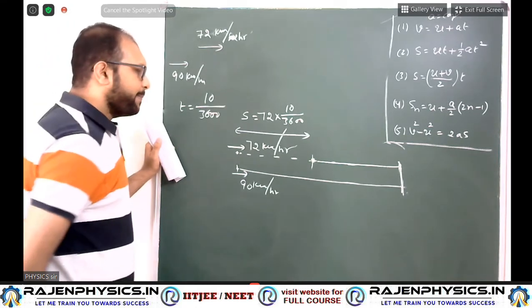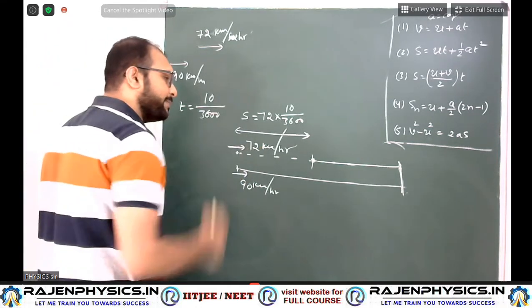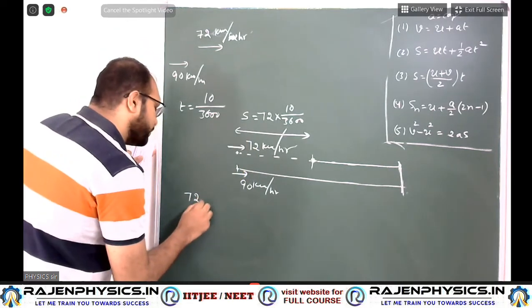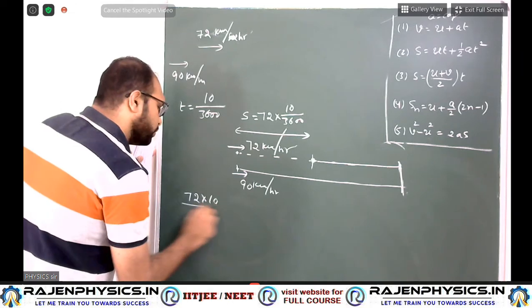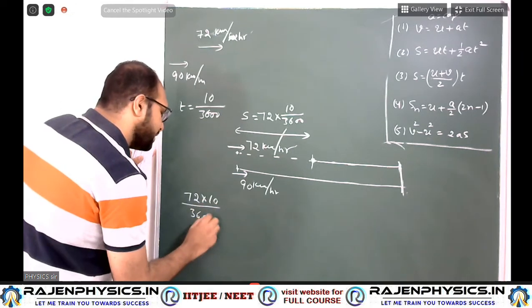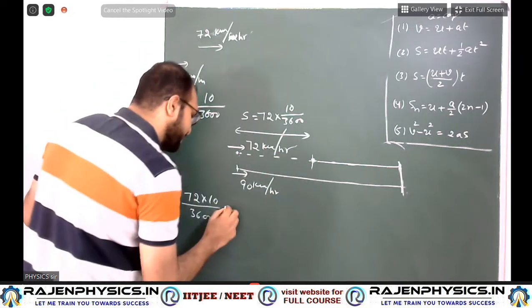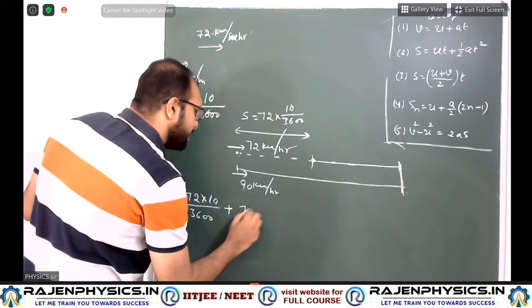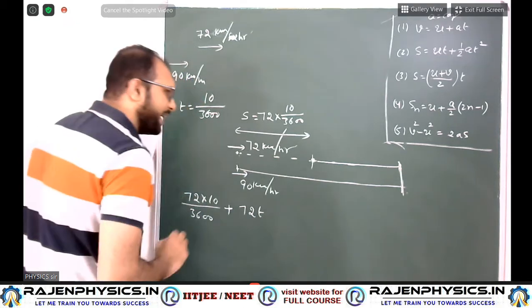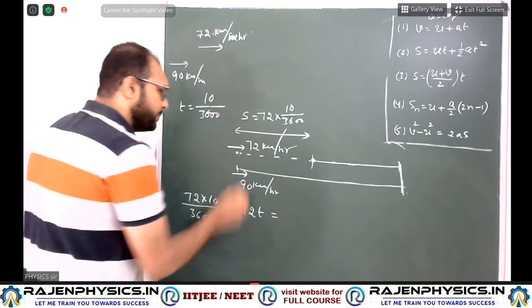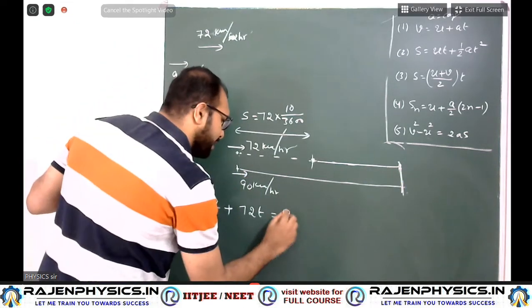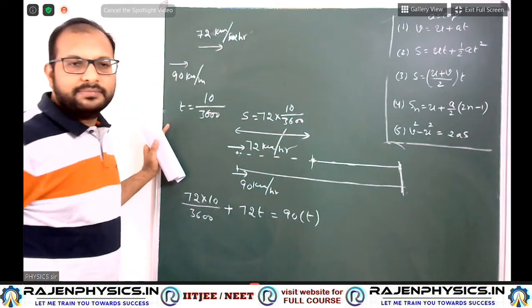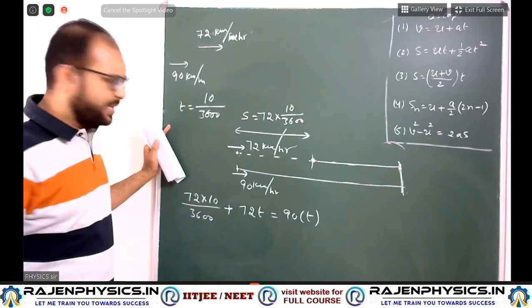So the logic to solve this problem is very simple: 72 into 10 by 3600, this displacement, plus this displacement 72 into t, equals here to here 90 into t, students, because same time, side by side.